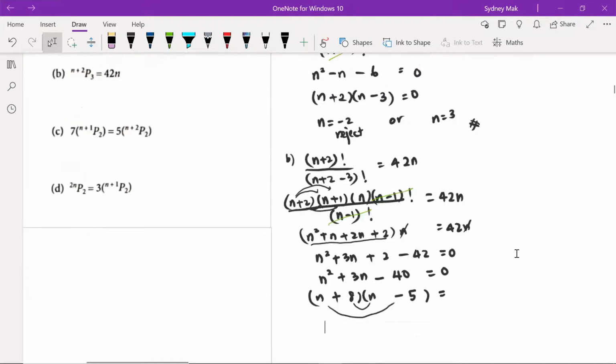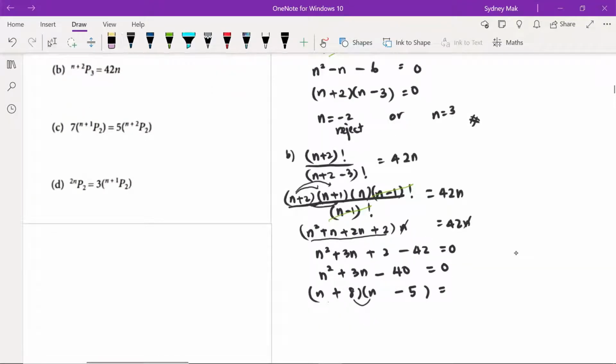Therefore, the factorization is correct. Next, let's find the n. n equals negative 8, which we reject because n must be positive. Okay, n equals 5. So that's the answer for number 9B.